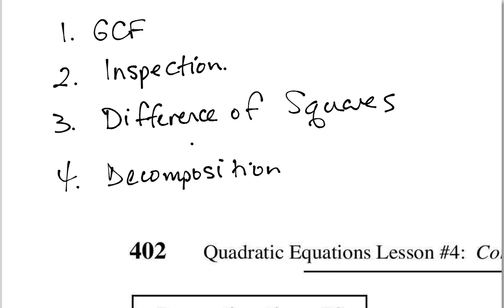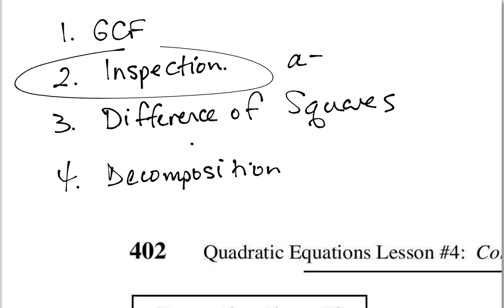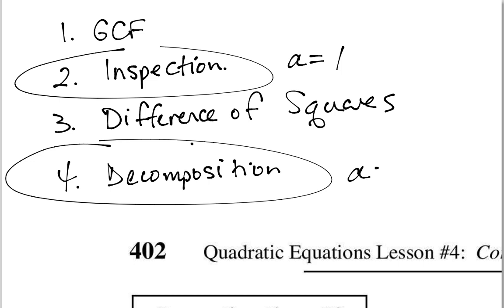Those are the only 4. How do you know it's inspection? The A is 1. How do you know it's decomp? The A is not 1.